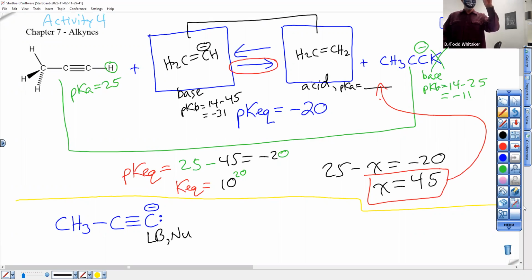What kind of atom must be bonded to a C for that C to feel a somewhat positive charge? A more electronegative atom. Now, you might think oxygen's a good choice. It's not.